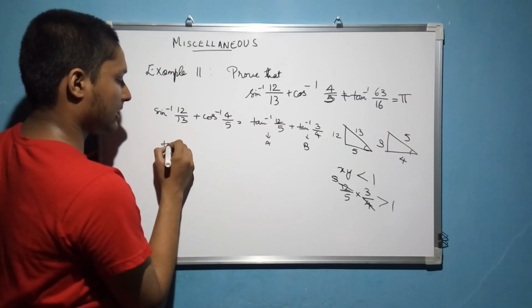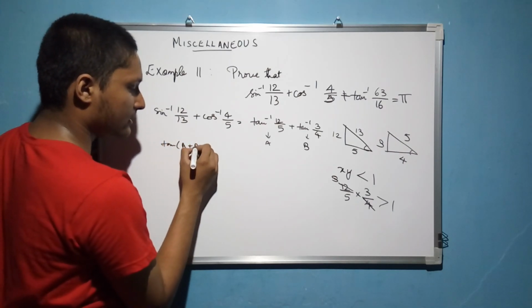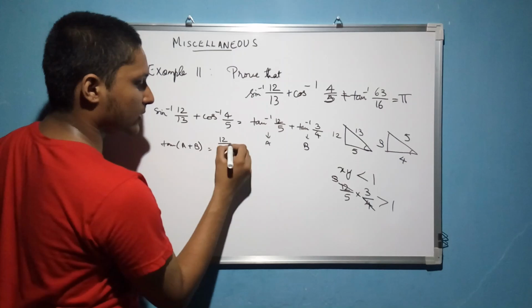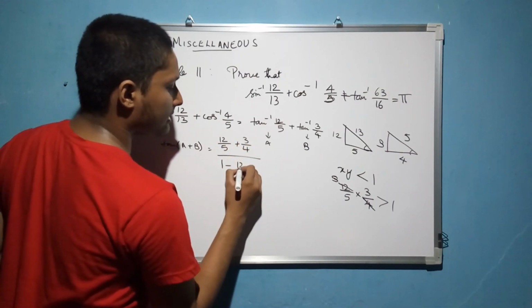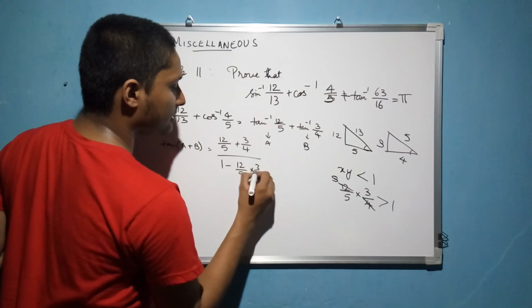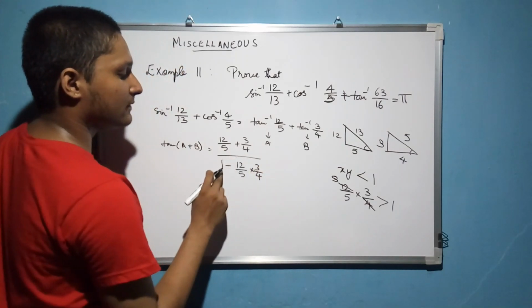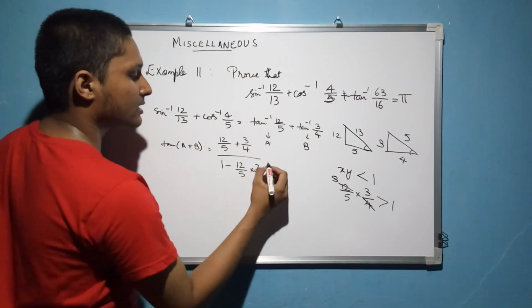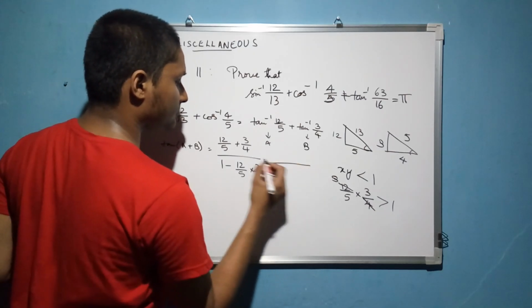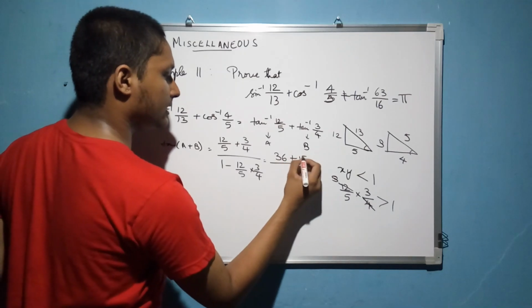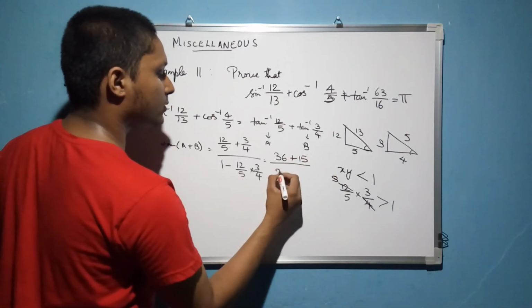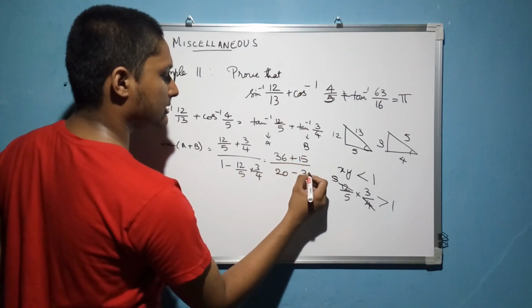So I'll find tan of a plus b, that is 12 by 5 plus 3 by 4 divided by 1 minus 12 by 5 into 3 by 4. Tan a plus tan b divided by 1 minus tan a tan b. So what I'm going to get here is 36 plus 15 divided by 20 minus 36.